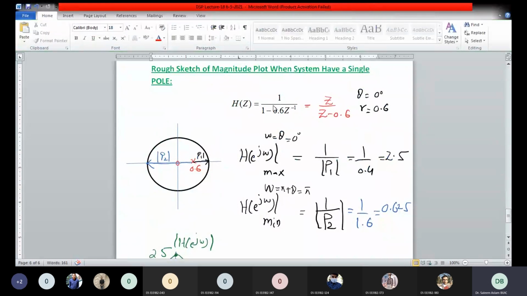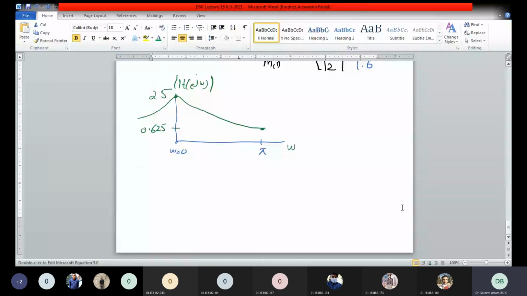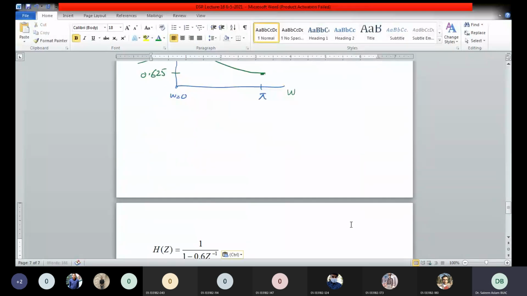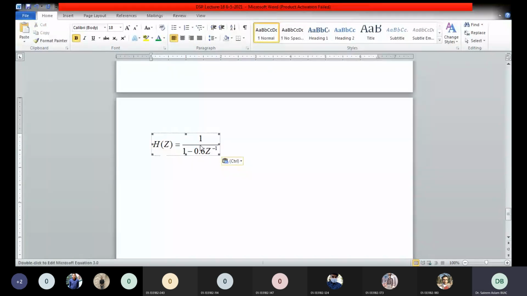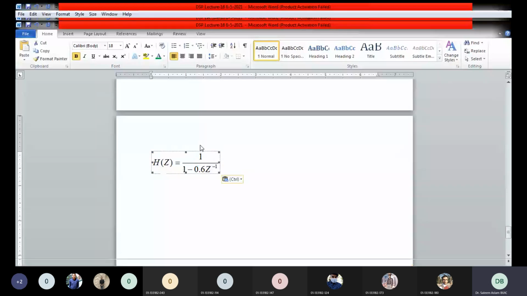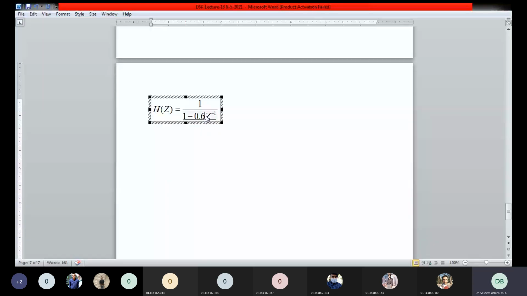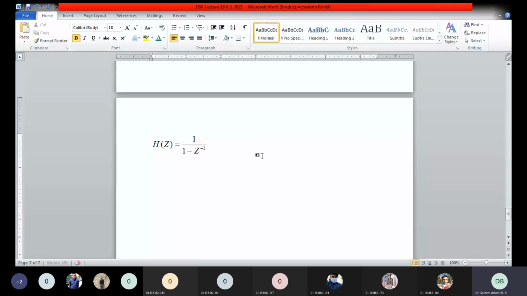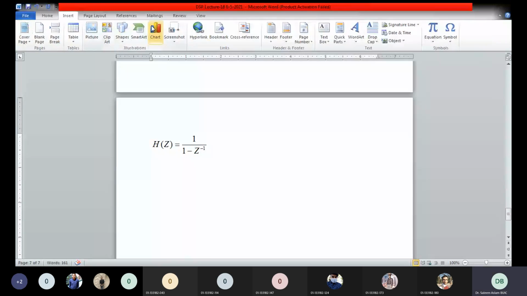Okay, next we solve a complex system. Let's bring the pole onto the unit circle. Can we bring the pole on a unit circle? Let's try this and try to find the response. This is example number 9. Let's try. It's not practically possible, but let's try. If we make it 1 over 1 minus z inverse, so what would be the value of its pole? What is the pole zero diagram?